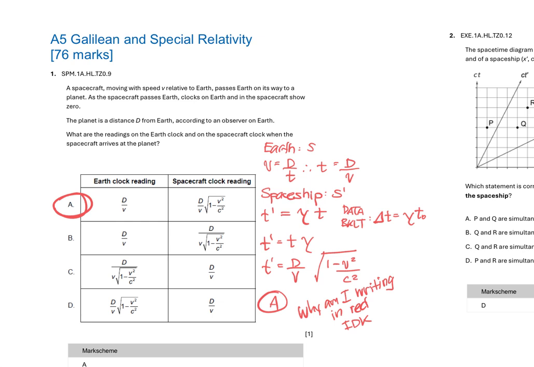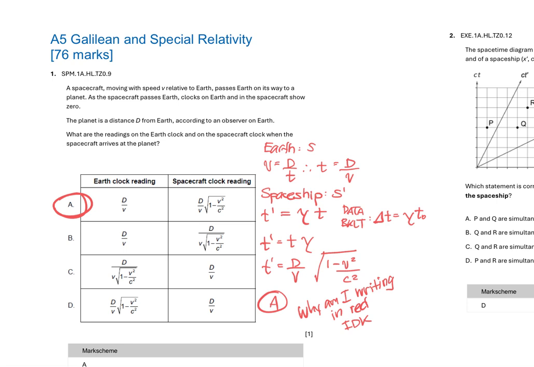But then the spacecraft will have a dilated time based on its speed, based on the Lorentz factor gamma, which in the data booklet is given as 1 over radical 1 minus v squared over c squared. The time dilation equation is delta t is gamma t naught, where t naught is in the original at-rest inertial reference frame, which we'll just call t.